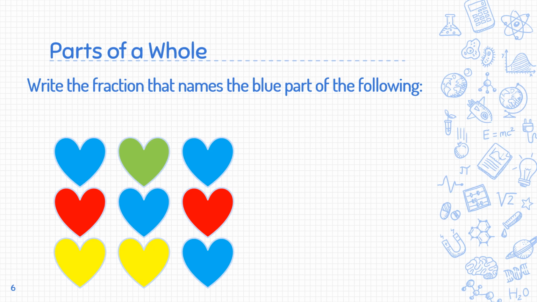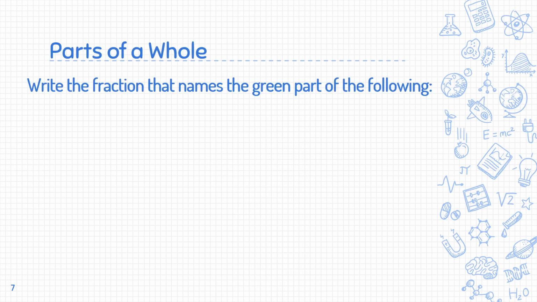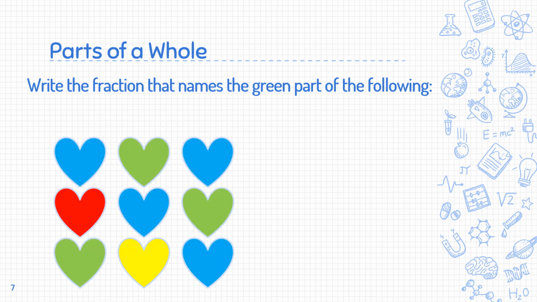There are 4 blue hearts, so there is going to be a 4 in the numerator, just like we have over there. It says, write the fraction that names the green part now. Can you tell me how many hearts you can see in total? That's right, there are 9 hearts. Now, how many green? That's right, there are 3 green. So the fraction will be 3 ninths.